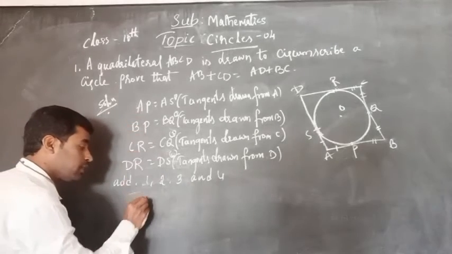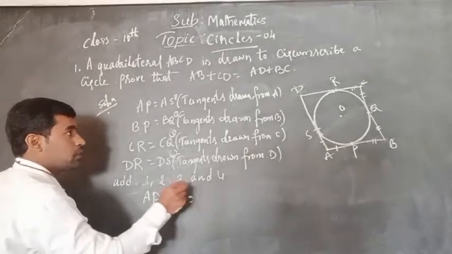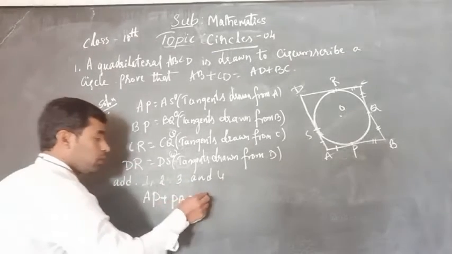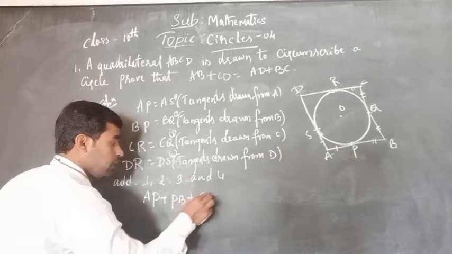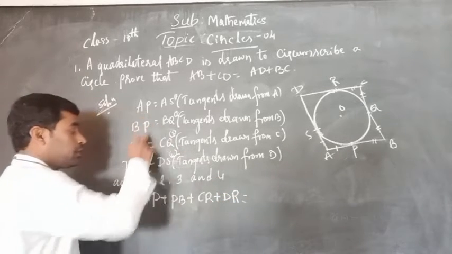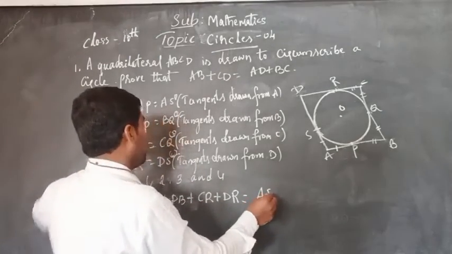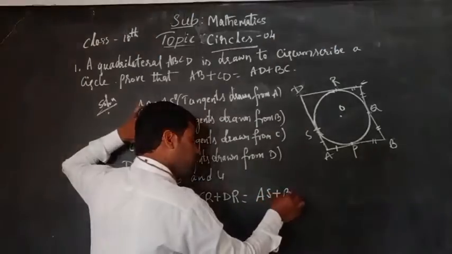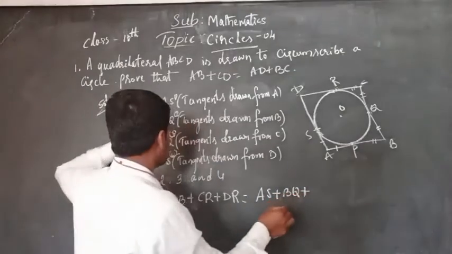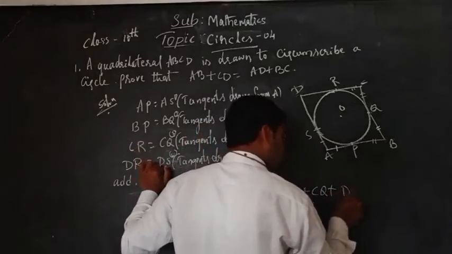The LHS is AP plus PB plus CR plus DR. Now we have to add RHS with RHS. What is RHS? AS plus BQ plus CQ plus DS.